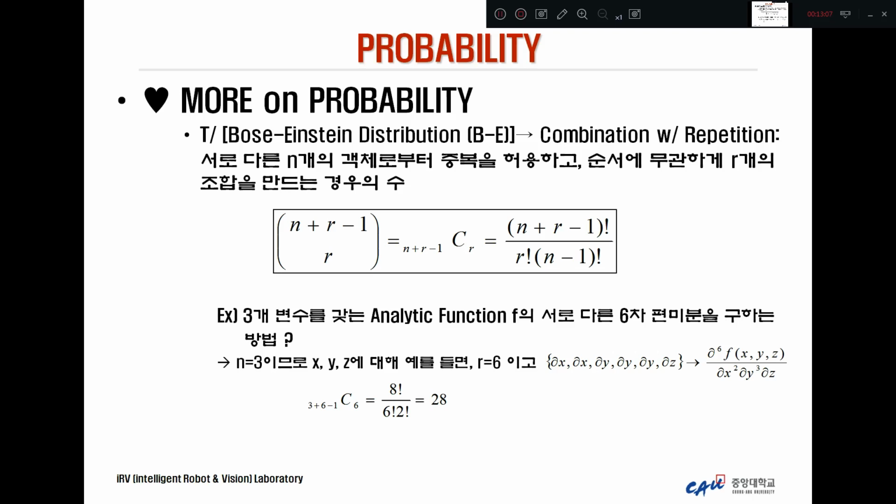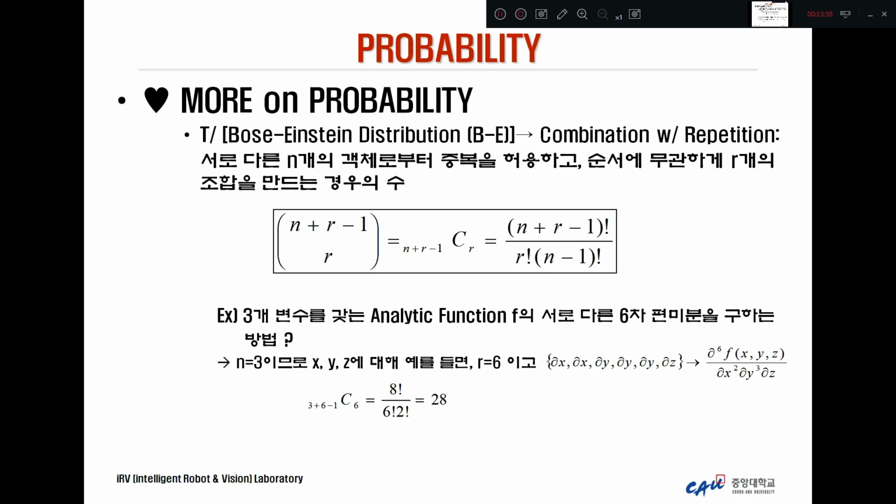What is the number of instances? So this is a combination because we don't consider the order. So combination (n plus r minus 1, r). This is defined as (n plus r minus 1) factorial over r factorial (n minus 1) factorial.